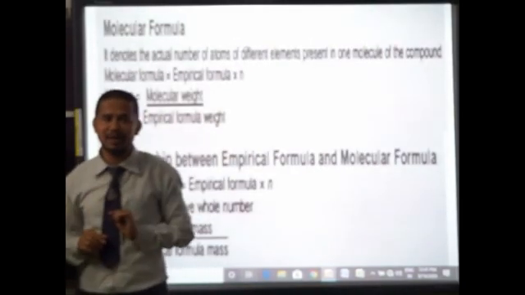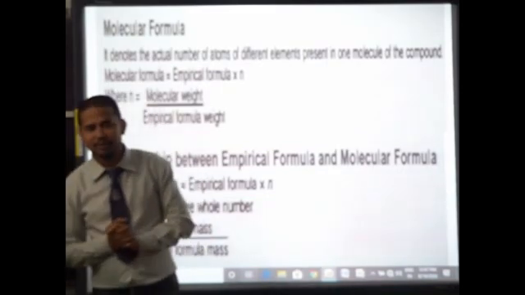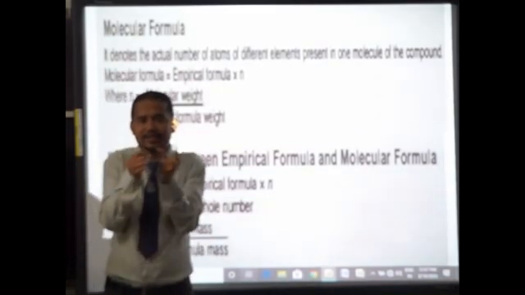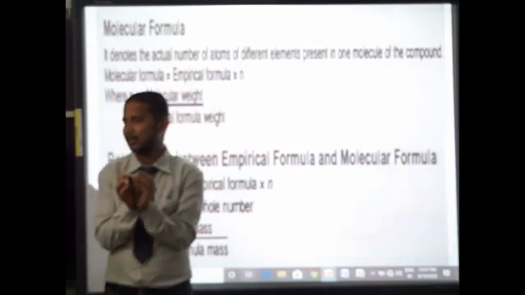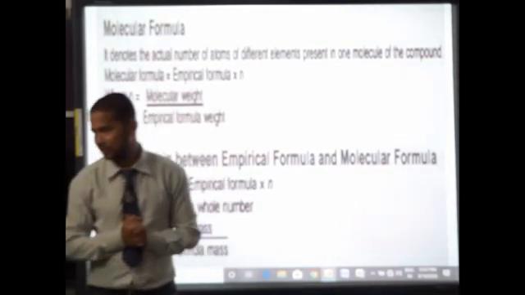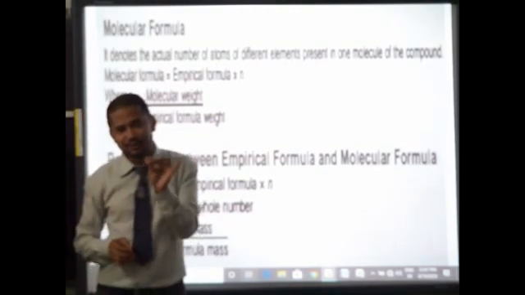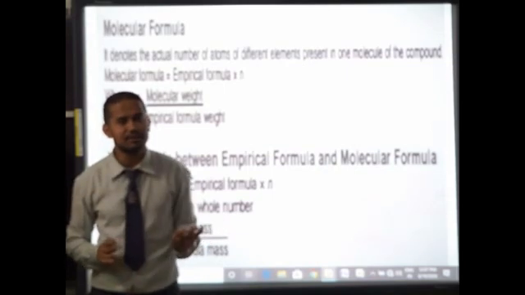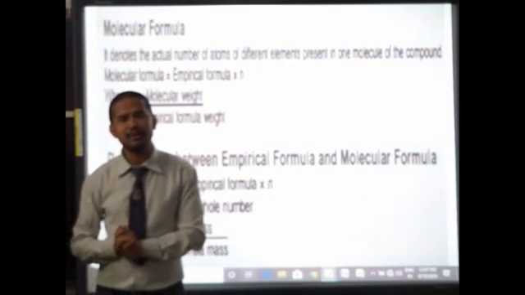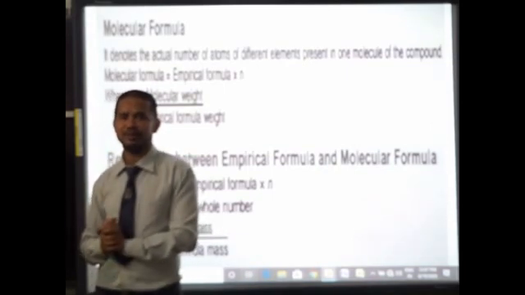Then the molecular formula, you know. So what is the molecular formula? It tells about the actual number of atoms of a particular element in one molecule. So the number of atoms of different elements present in one molecule of the compound is called the molecular formula. How to calculate the molecular formula using the empirical formula?